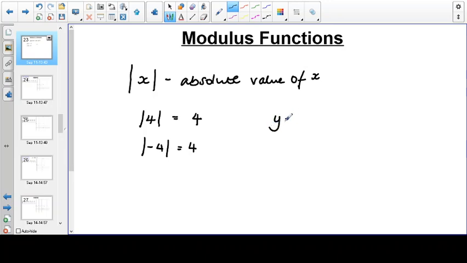Now you are going to have to sketch and solve equations involving two different types of modulus function. Type 1 is something of that variety, where y is equal to the modulus of the whole function, or type 2, where y equals the function of the modulus of x.